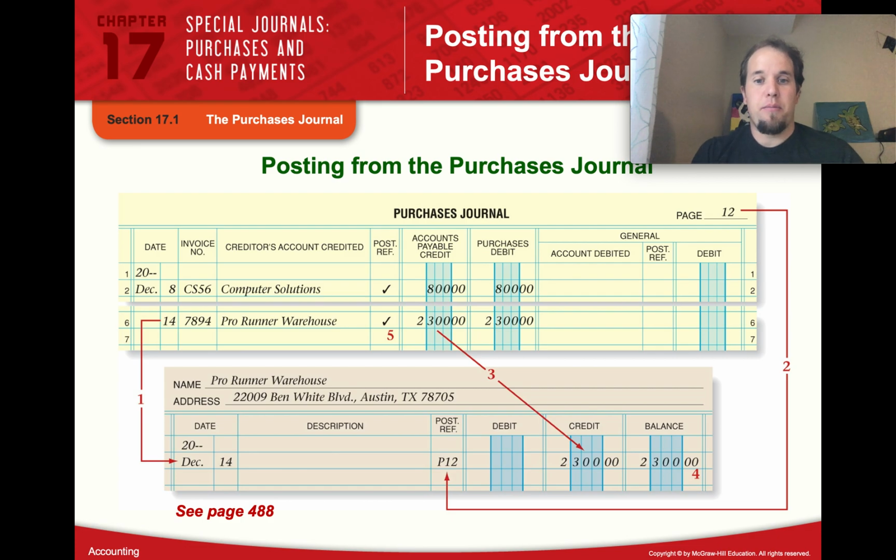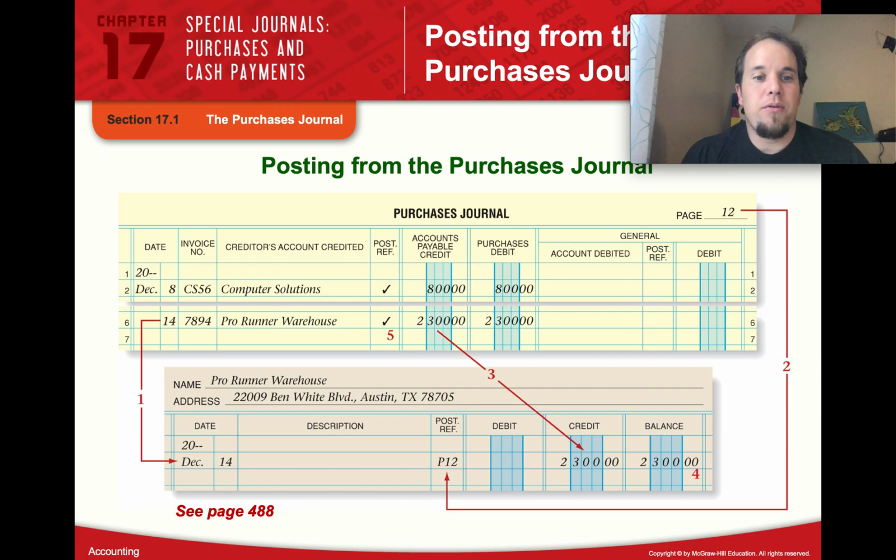Now, posting from a purchases journal. In accounts receivable, we were able to just add all the totals near the end. But this one is different. Since we're doing accounts payable, we need to know what companies we owe money to. So each transaction will be taken out and put into a certain account.